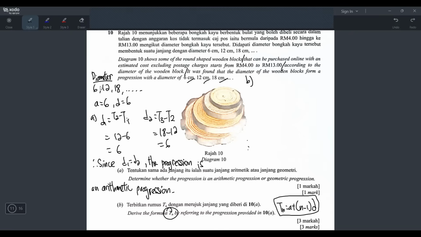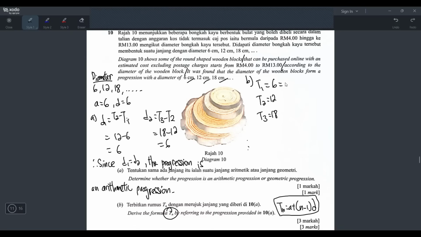Okay. So if you look at the terms, T1 is 6, T2 is 12, T3 is 18, right? So what we can write now is T1 equals 6, T2 equals 12, T3 equals 18. But we all know where we get the 6.